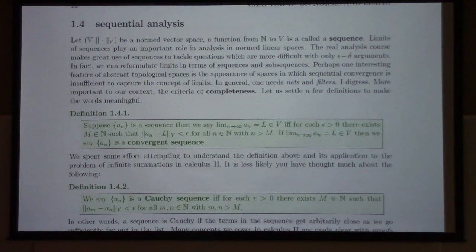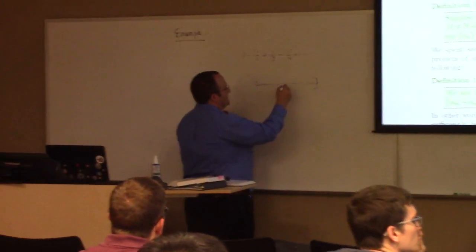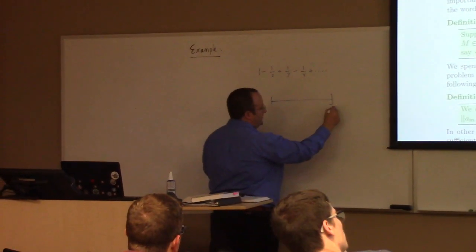All right. Now, a good example of a Cauchy sequence would be something like this: 1 minus 1/2 plus 1/3 minus 1/4 plus ... The sequence of partial sums here is a Cauchy sequence, because if you draw a picture, this is S1, right?